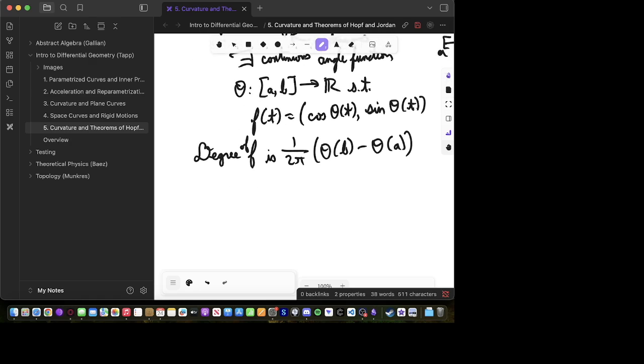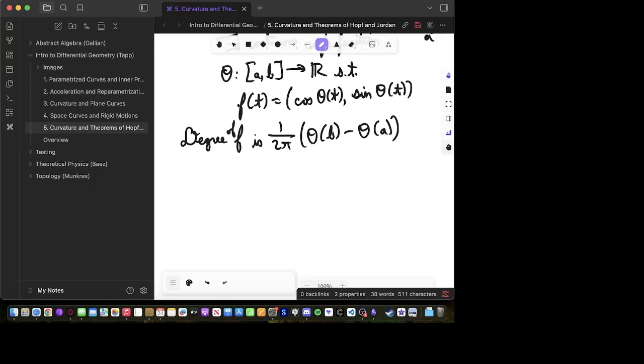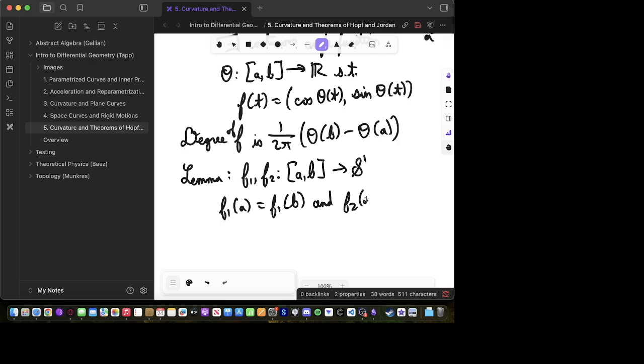One last thing before we prove the first theorem is a lemma that we will need. Suppose we have two functions such that we have this, and f2 of a equals f2 of b.